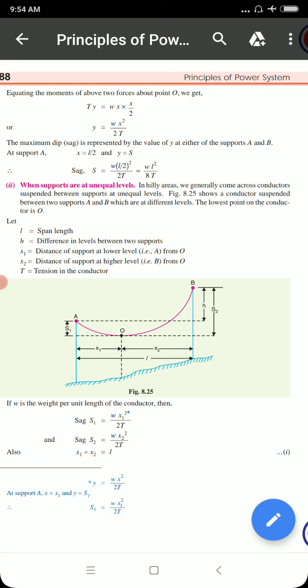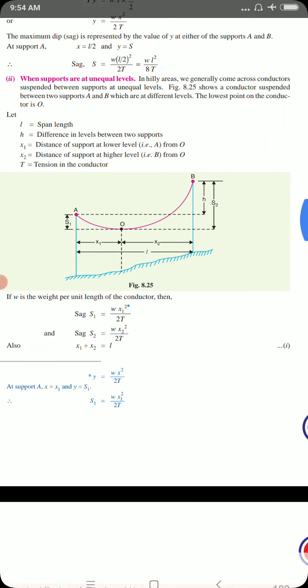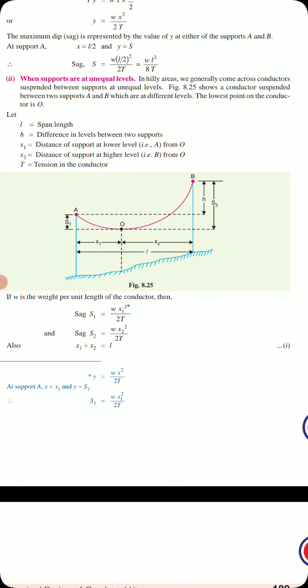In the previous case, O is at the midpoint, the lowest point at the midpoint, but here it is not at the midpoint. So x1 is the distance from the lowest point to the tower A, and x2 is the distance from the lowest point to tower B. T is the tension in the conductor, and W is the weight per unit length of the conductor.